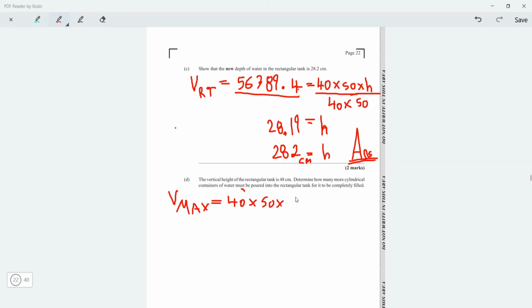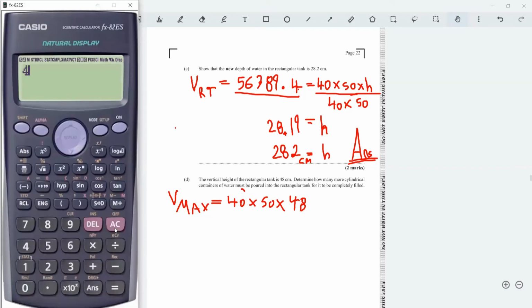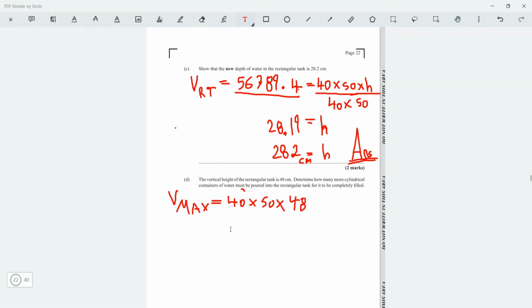We put 40 times 50 times 48 in our calculator, and V max is 96,000.